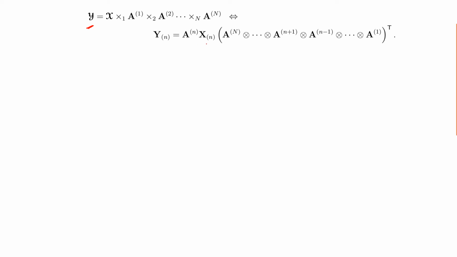I have An multiplied by Xn, the mode-n matricization of this original X tensor, and multiplied by this matrix, the Kronecker product of all the A's besides the small An here, and the transpose of that.